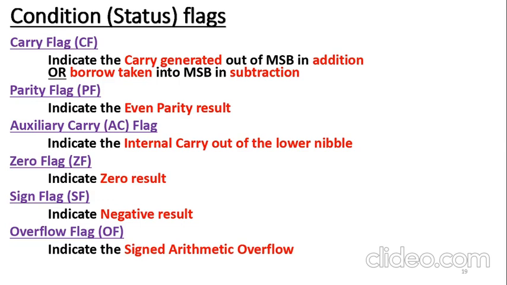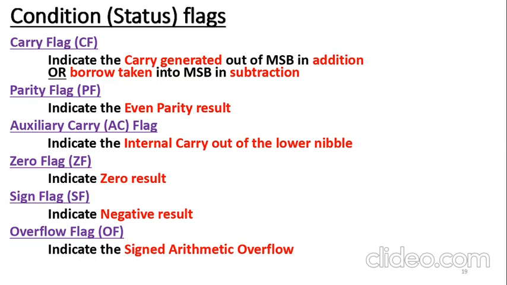And here the overflow flag is set to 1, just to indicate that the result generated after this signed addition is exceeding the capacity of the destination register, which is maximum plus 127. So the overflow flag will be set to 1 to declare this particular result condition.